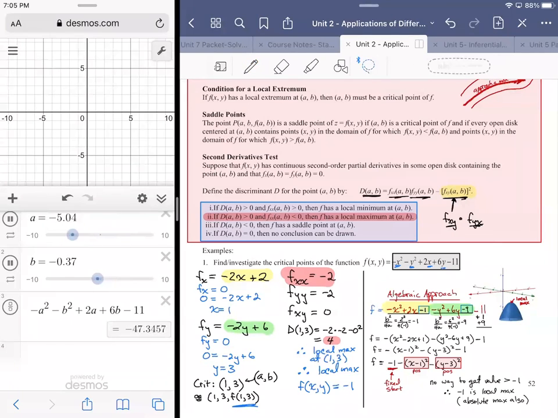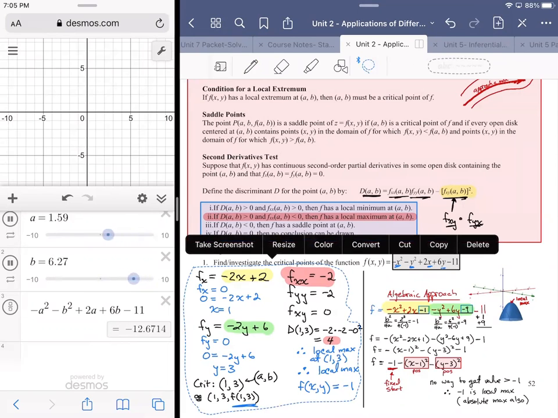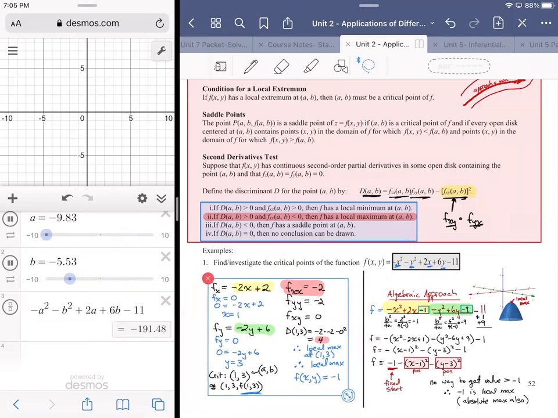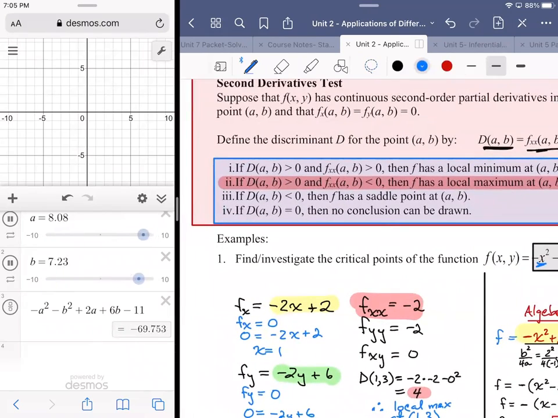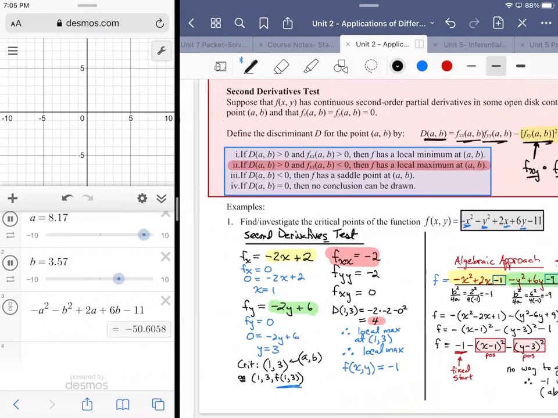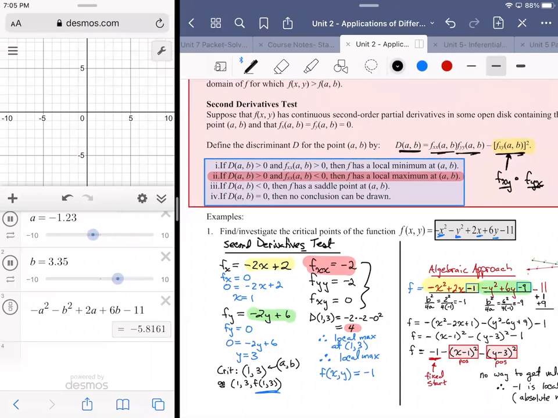Right? So this technique, a complete solution, but involving specifically the second derivatives test. Right? And it always feels like I'm saying that wrong, but I'm not. It is the second derivatives test. Because as you know by now, there's a bunch of different second derivatives that you could find.